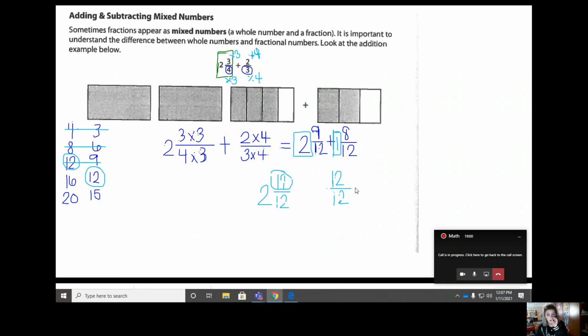This would be a whole number, okay? So 12 over 12, that means we have every part of our fraction. So we have one whole. There are no parts missing. Now, what we're going to do, this is the part that we got to make sure that we can grasp on.